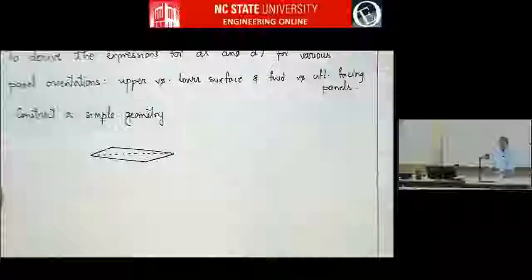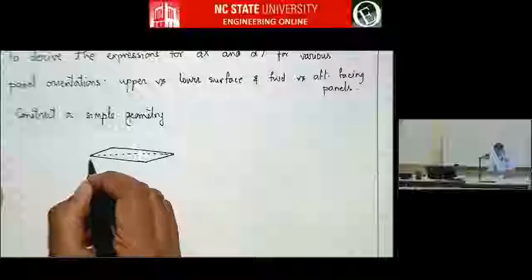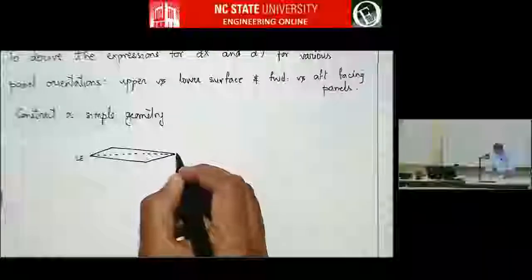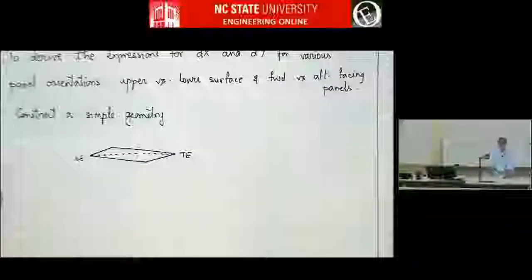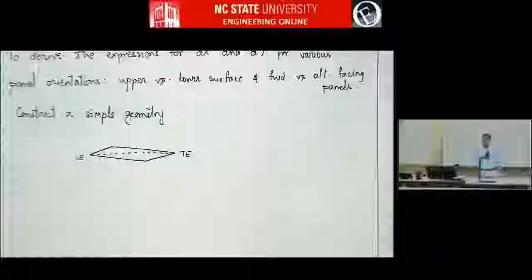So let's say you have an airfoil like this. Leading edge, trailing edge, and this is upper surface, lower surface. This has just 4 panels. You can actually work this out by hand.